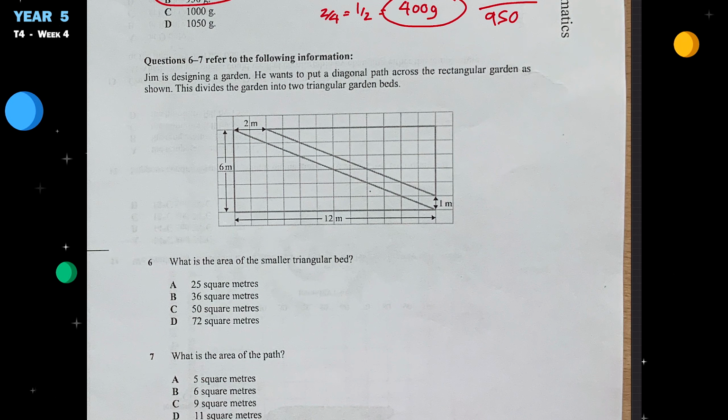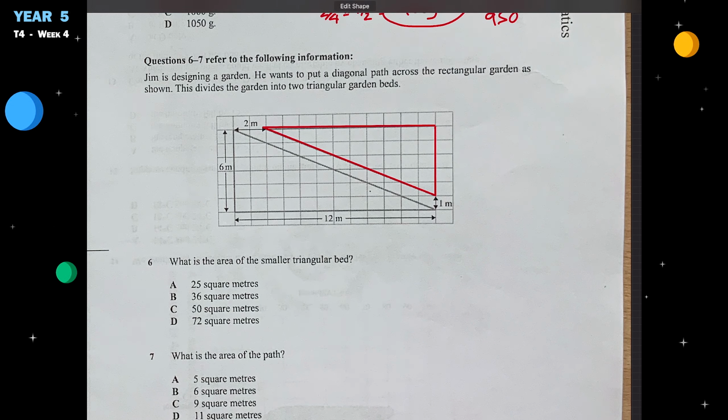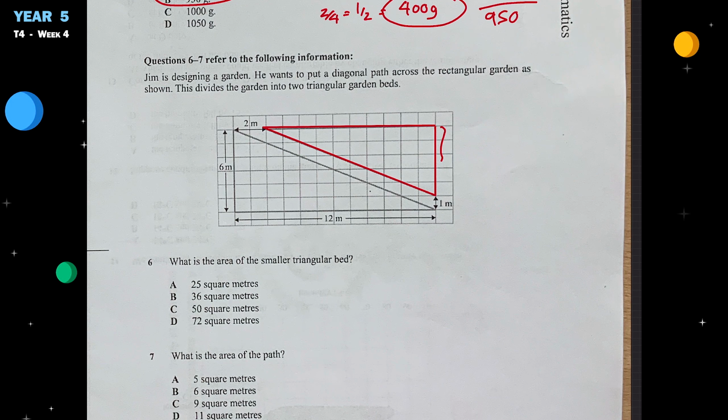Now it says, what is the area of the smaller triangular bed? If you look at these 2 triangles, you can see that this is the smaller triangle right here. How do I know it's smaller? Well, how tall is this triangle?